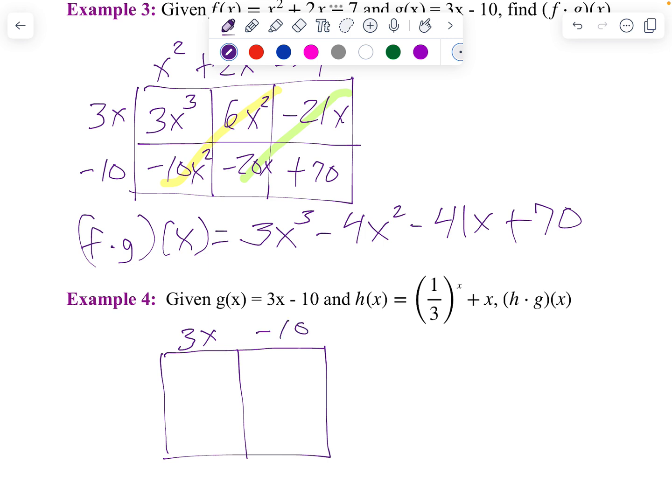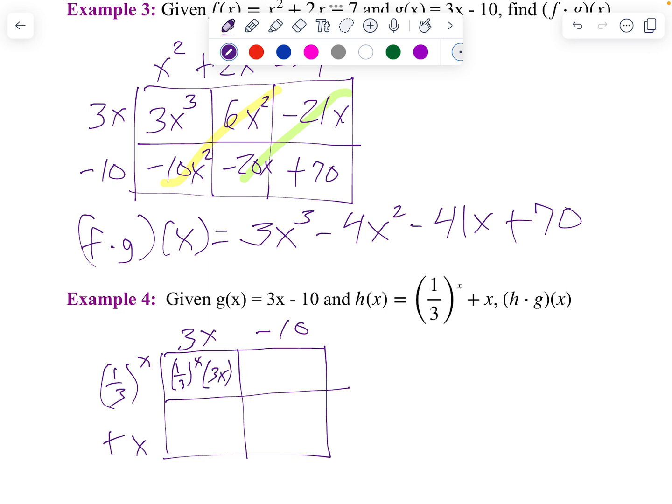So if I take 1/3 to the x power plus x, well, I really can't combine 1/3 to the x because my exponent is x. So I'm going to say 1/3 to the x times 3x.